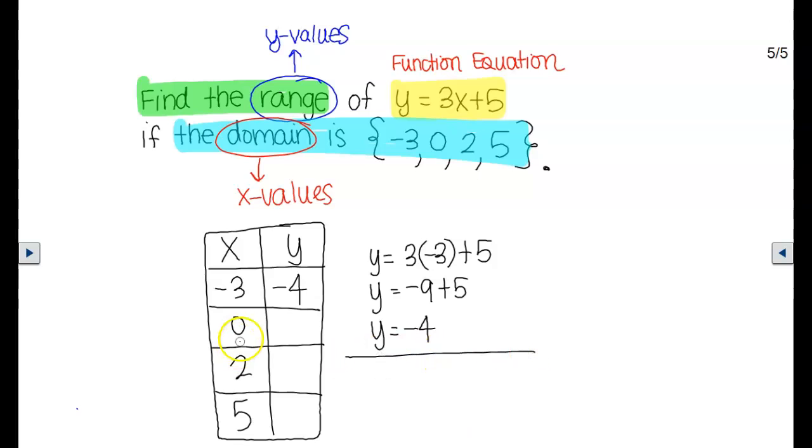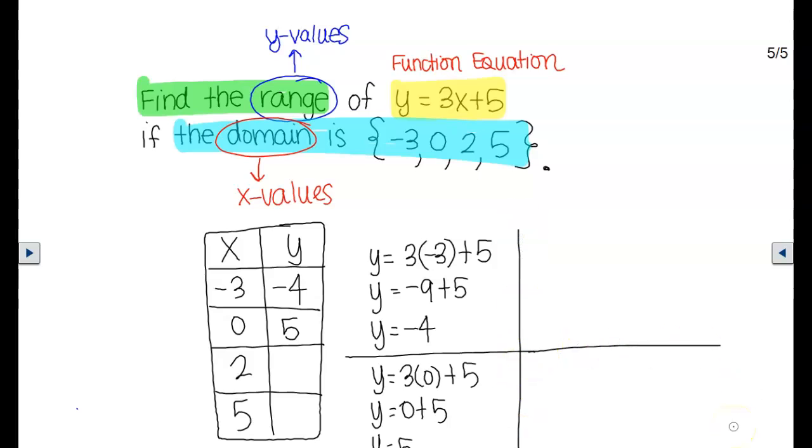All right, next I'll input 0 for the x. So that'll make this y equals 3 times 0 plus 5. And I'll do what this says. So first I'll do 3 times 0, which is 0, which means then I'll have to do 0 plus 5, and my output for 0 is a 5. So notice those connections being made.